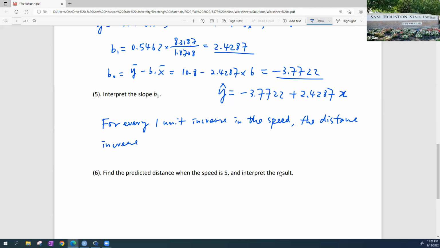Increase, or we say change positively because b1, the slope, is a positive number. The distance increases 2.4287 units. So for the question, if we do have a unit, then we can plug in the unit. If we don't have, then we just put the term unit there. So the distance increases that much on average. That's the interpretation of the slope b1.